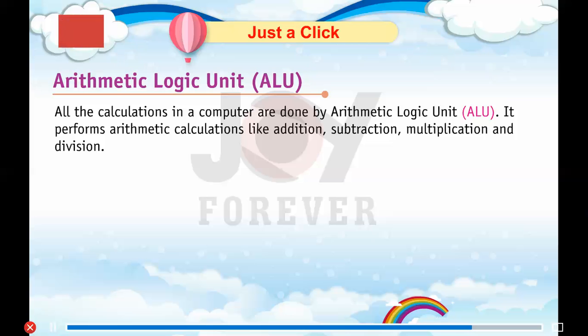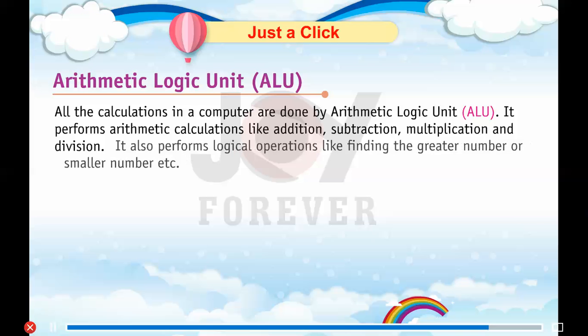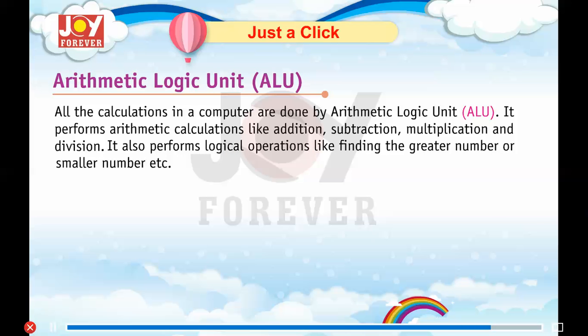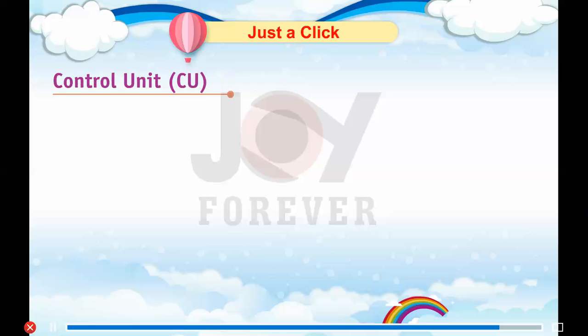All the calculations in a computer are done by the Arithmetic Logic Unit. It performs arithmetic calculations like addition, subtraction, multiplication, and division. It also performs logical operations like finding the greater number or smaller number, etc.